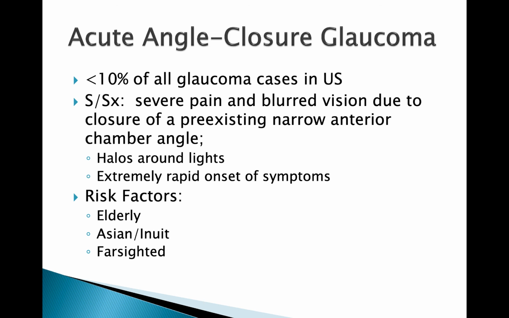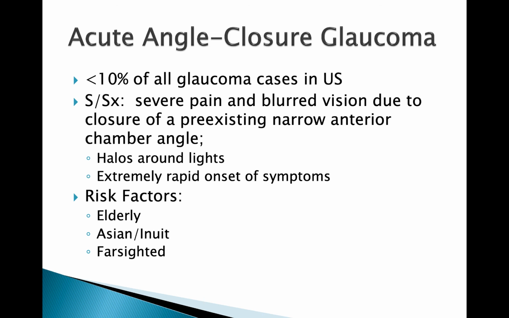So they're going to have severe pain with blurred vision due to the closure of that pre-existing narrow anterior chamber angle. They're going to have halos around lights, and they're going to have extremely rapid onset of symptoms. They also may have some headaches. They may have nausea symptoms as well as this starts to progress.